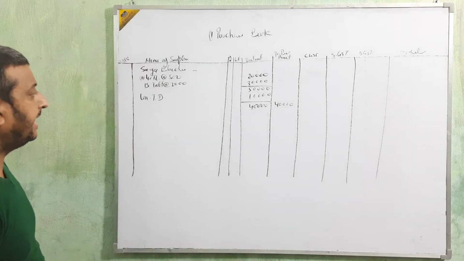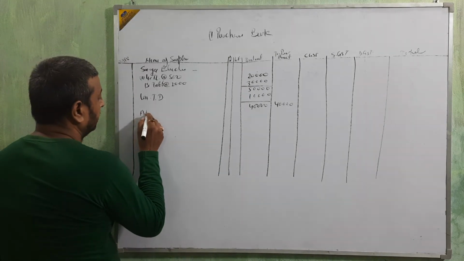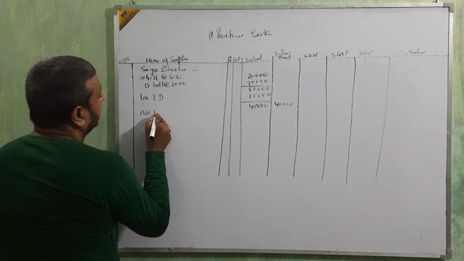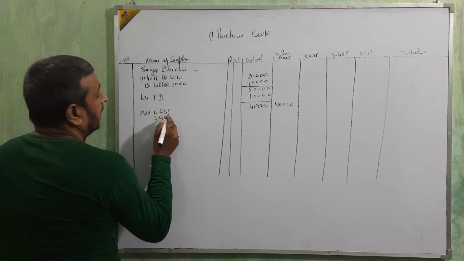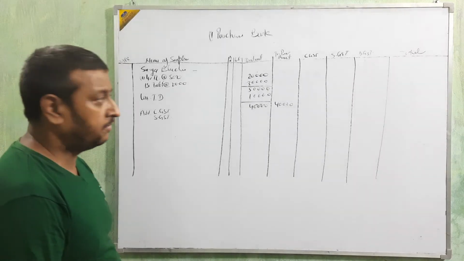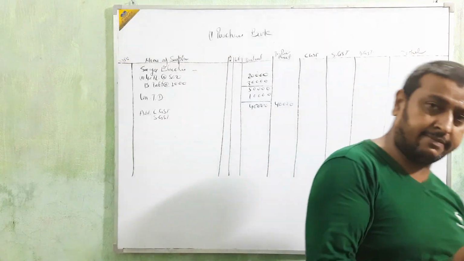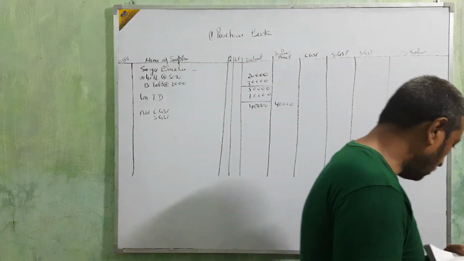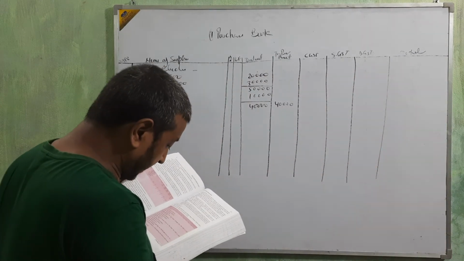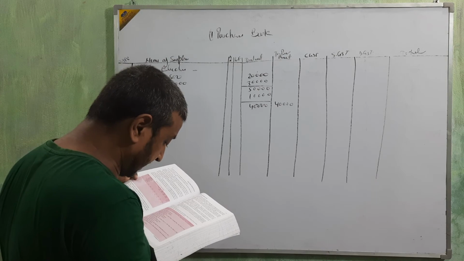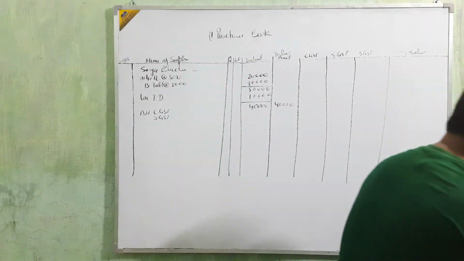Okay, and then we are going to add CGST and SGST, or in the place of these we can use IGST. What is given in the question, that we are going to follow. In this question CGST and SGST is given. The rate is 6%, beta.